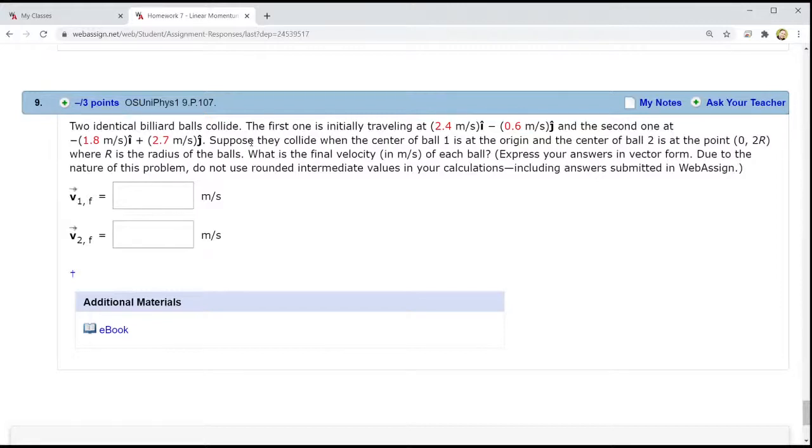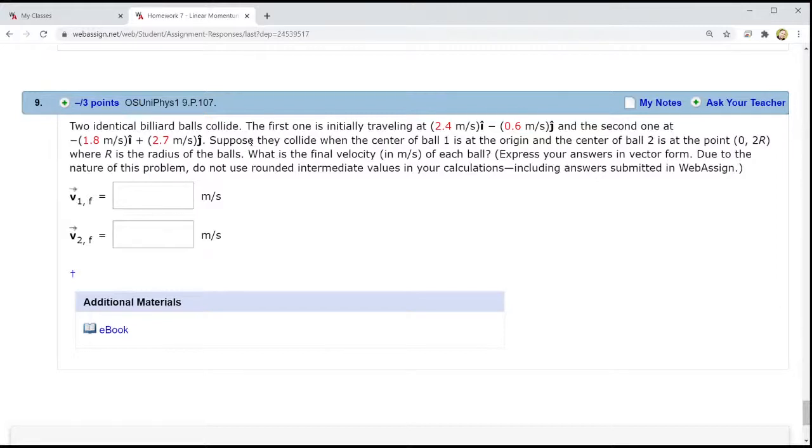It tells you where the balls are when they collide. Ball 1 is at the origin and ball 2 is at a point (0, 2r). That would be on the y-axis, and r is the radius of the balls, so that makes sense, since their centers have to be separated by a distance equal to 2r.